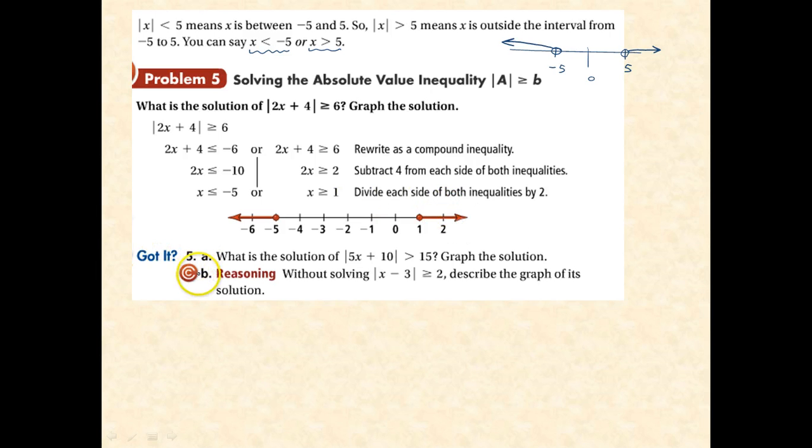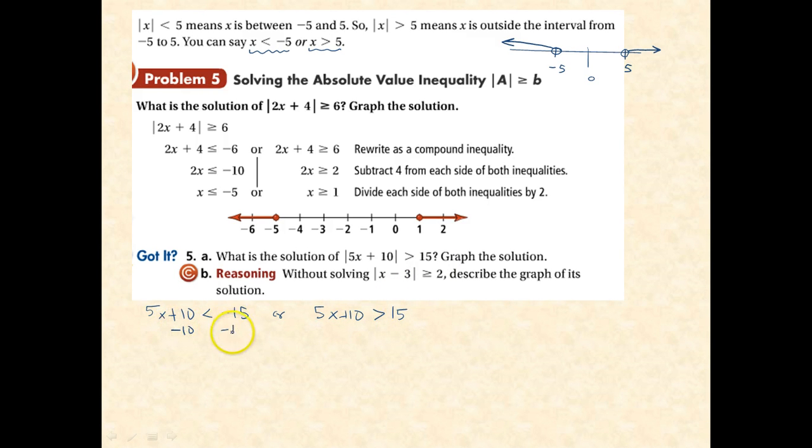Pause, try number 5, push play when you're ready to see the solution. Alright, absolute value of 5x plus 10 is greater than 15. So that means that 5x plus 10 is less than the negative, so less than negative 15, or 5x plus 10 is greater than the positive 15.